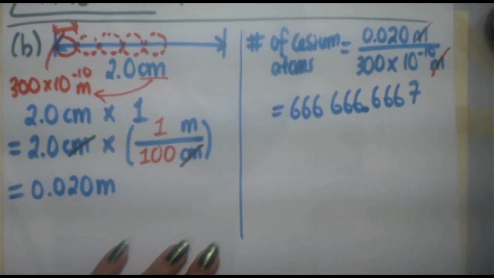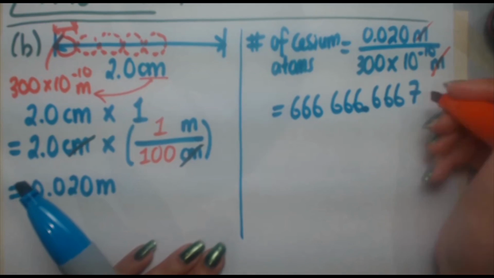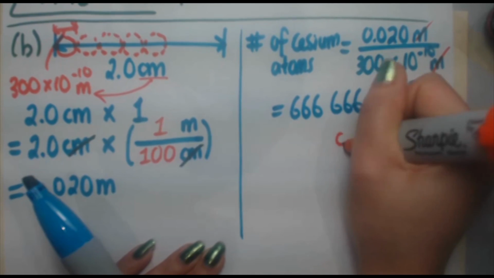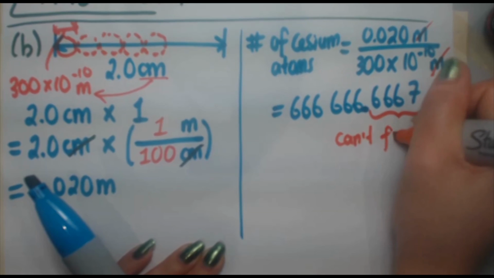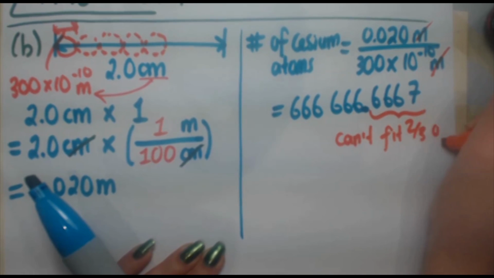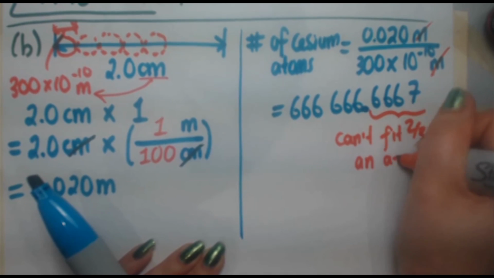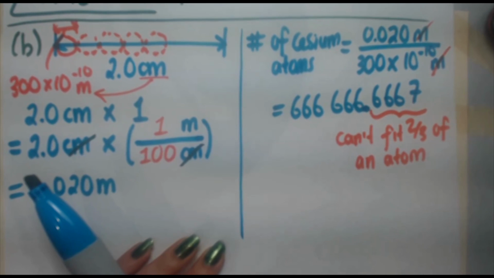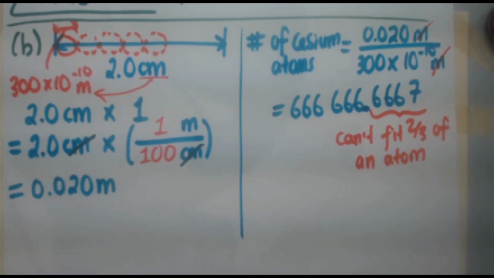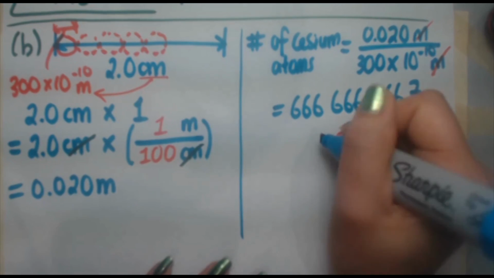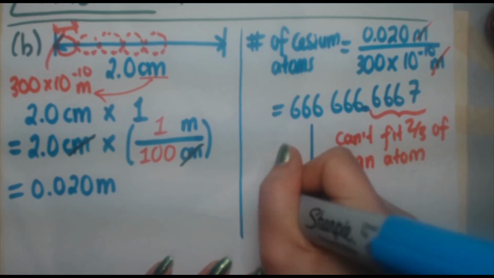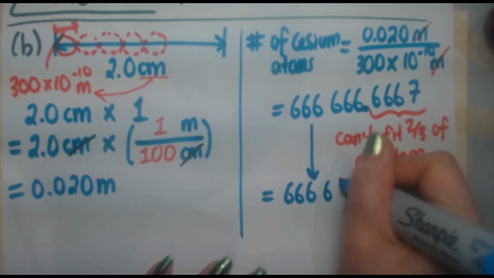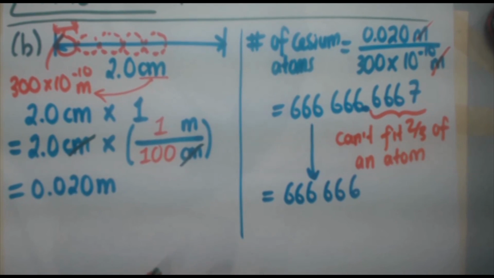666.6667 cesium atoms. But here's the thing, you probably realized this yourself. You cannot fit 2/3 of an atom. Even though that's probably empty space, you still can't logically have 2/3 of an atom. So this would technically get rounded to 666,666 atoms. But then there's one more thing you have to consider.